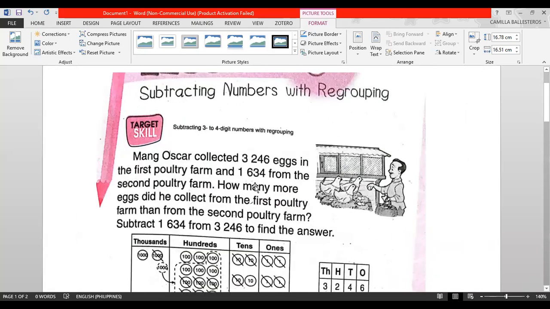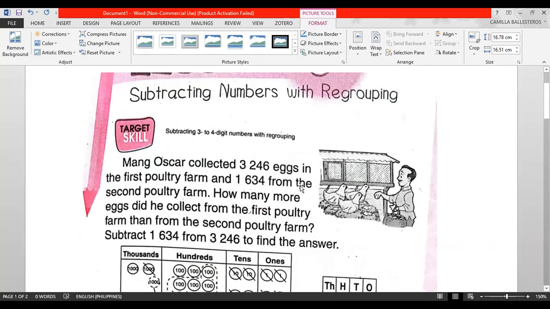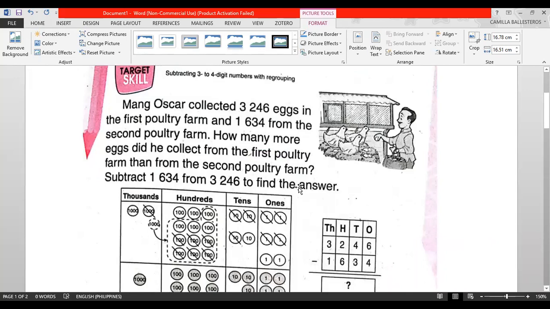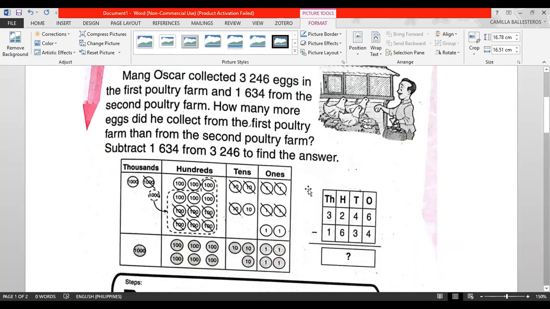Mang Oscar collected 3,246 eggs in the first poultry farm and 1,654 from the second poultry farm. How many more eggs did he collect from the first poultry farm than from the second poultry farm?